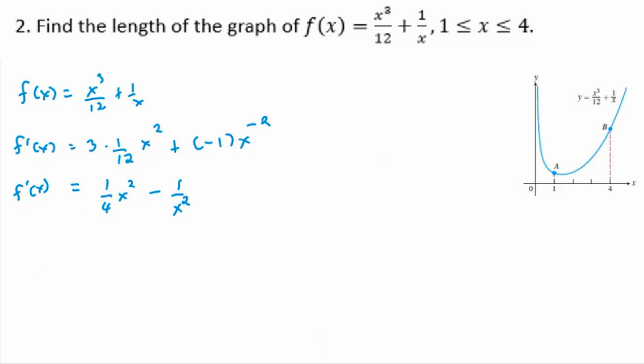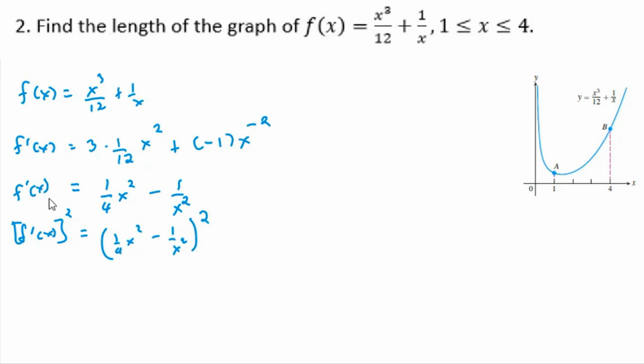Okay, so this is now your f prime of x, but according to the formula, we are going to square the derivative. So squaring the derivative, now we have f prime of x, so this can be 1/4 of x squared minus 1 over x squared, quantity of this raised to the power of 2.